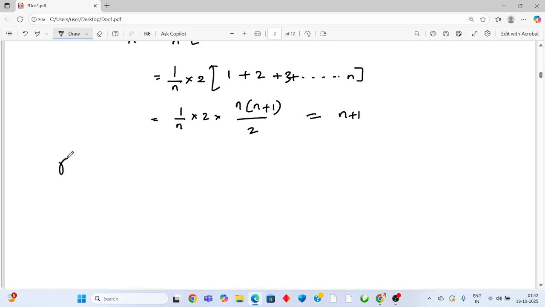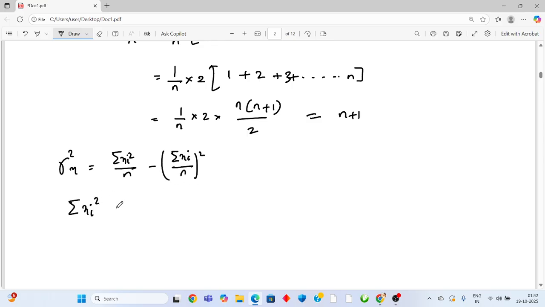And again, to calculate sigma square x, that is variance, we need to calculate summation xi square by n minus summation xi by n whole square. First we need to calculate summation xi square, right?